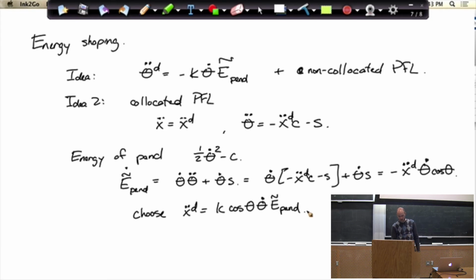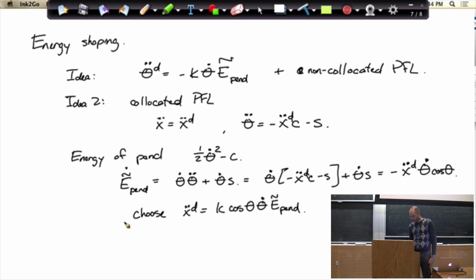Then I get the same thing I had before, where the energy of my pendulum is going to go to the homoclinic orbit, is going to find its way to the upright, by virtue of something that I did to regulate the position of the cart. And this command, this transformation that made x double dot work, the co-located PFL, is singularity free, and this is a nice gentle nonlinear function too.